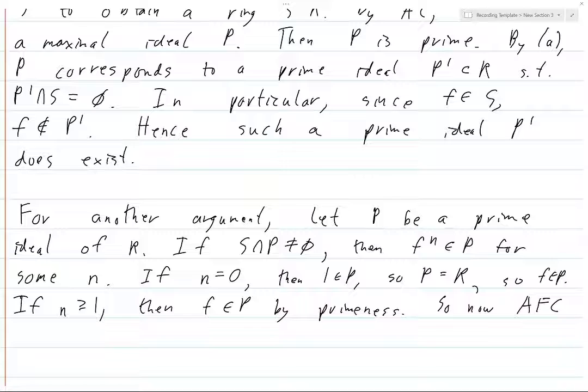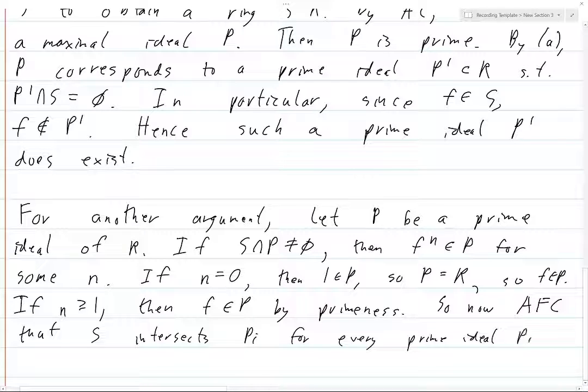Okay, so anyway, this is all good. So now assume for contradiction that S intersects Pi for every prime ideal Pi of R. Then f is in Pi for all i.